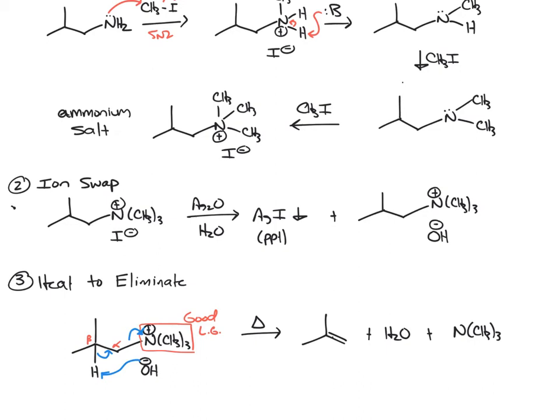Now in this case, it was pretty straightforward because there was only one type of beta hydrogen to eliminate. But if we have multiple types of beta hydrogen, we can potentially get multiple products.